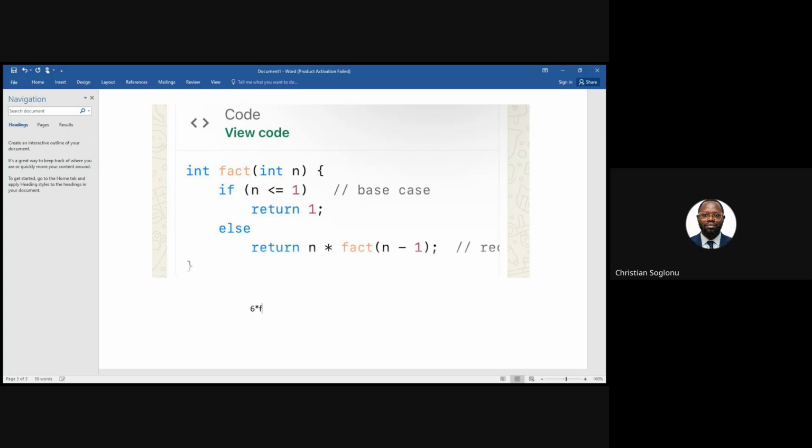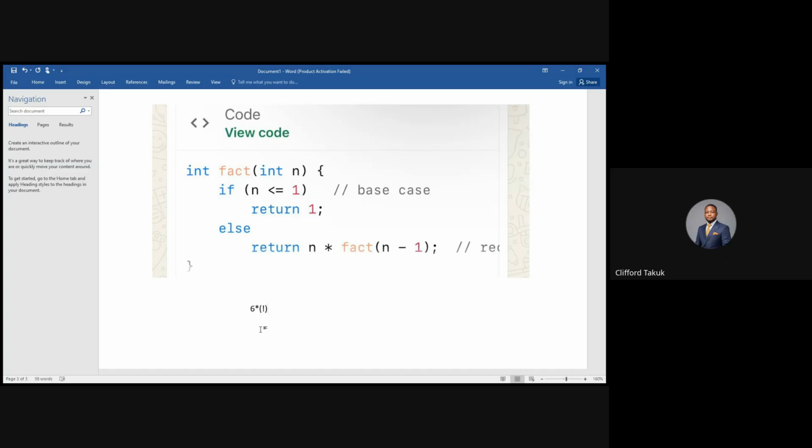Or you can write factorial of brackets open n minus 1.